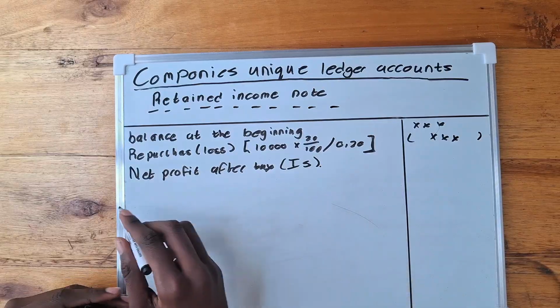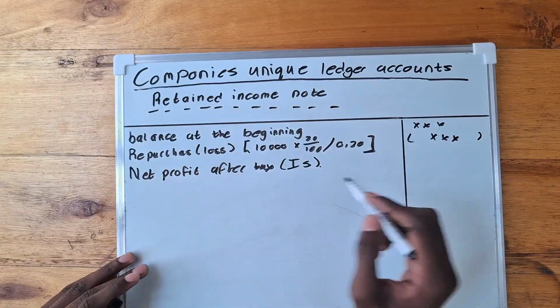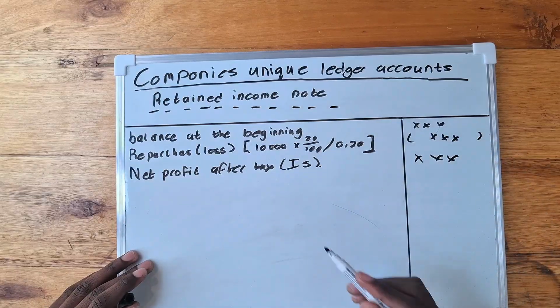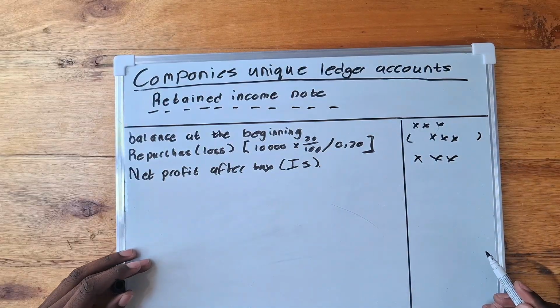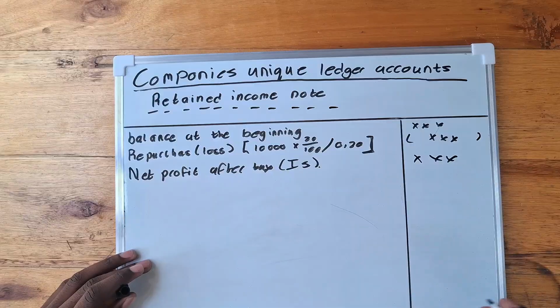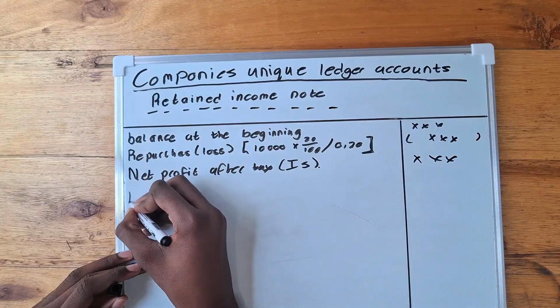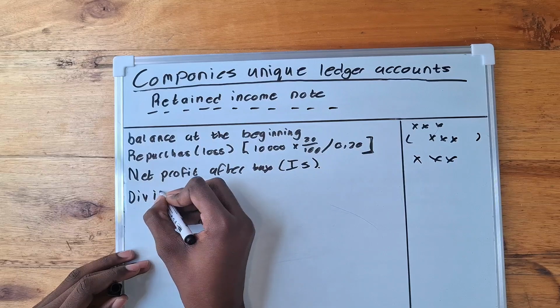After that, you will put your amount here. So now you have your balance, you have your repurchases, you have your net profit after tax. Then you would now move on to dividends on ordinary shares.